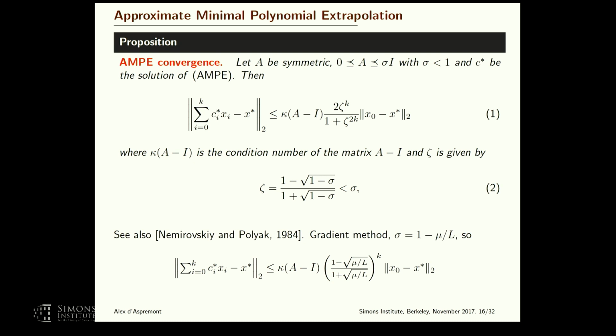So the difference between your estimate of the solution and the actual solution converges linearly to 0 with a rate equal to the accelerated rate, okay? So you get square root of the condition number here instead of the condition number for the traditional linear convergence.